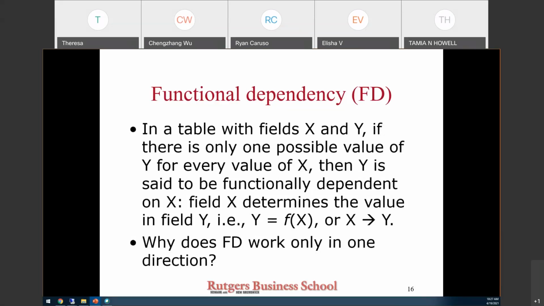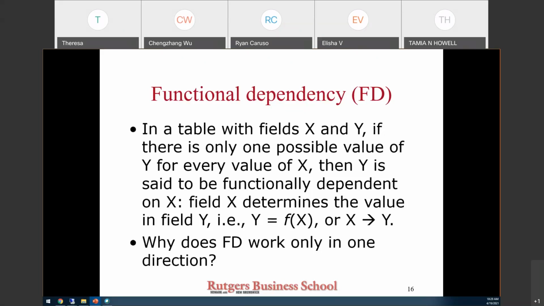Let's assume in a table with two fields, x and y, if there's only one possible value of y for every value of x, then y is said to be functionally dependent on x. In simple terms, field x determines the value in y.